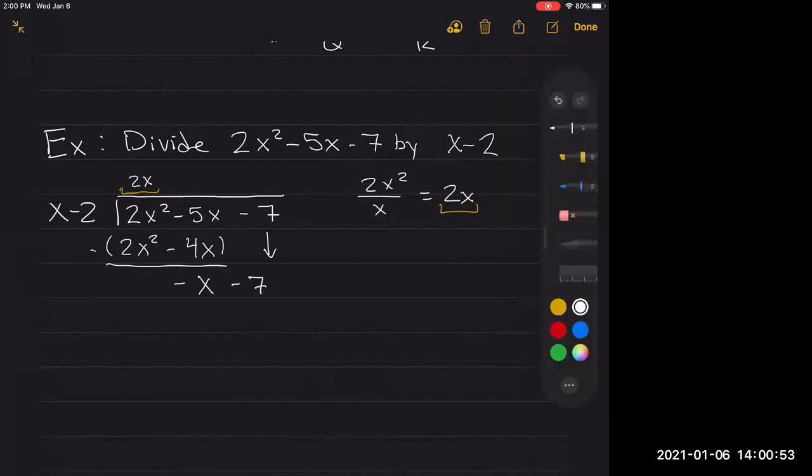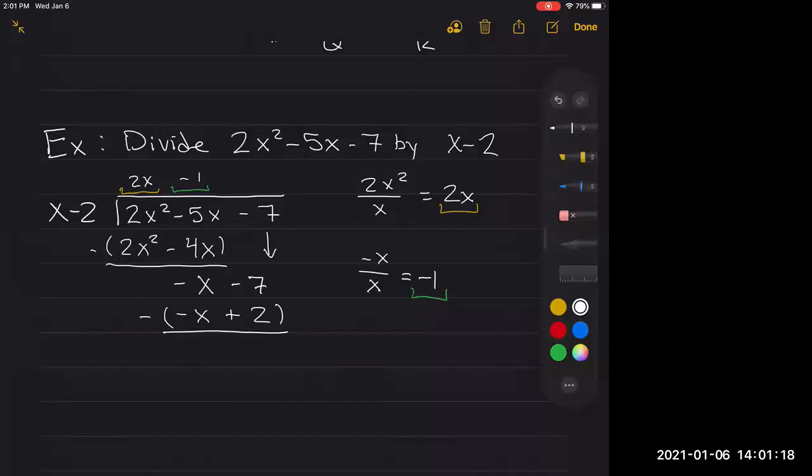So then in this case, we have a minus x divided by x, which just equals minus 1. And now we do a similar thing where we multiply this minus 1 by our x minus 2. Then we get a minus x plus 2. And now we subtract this.